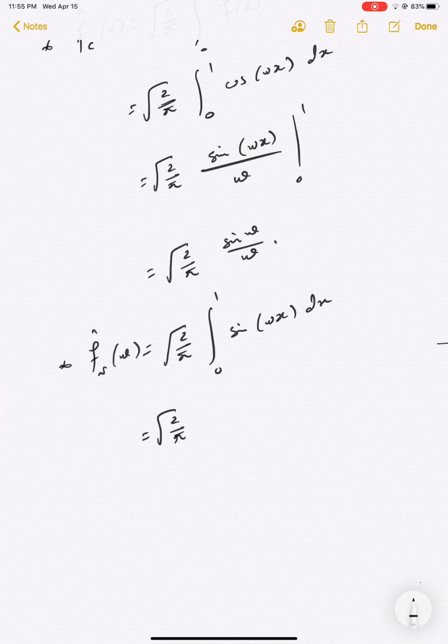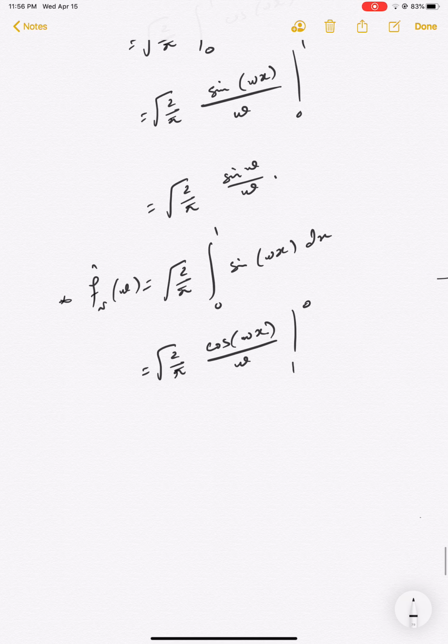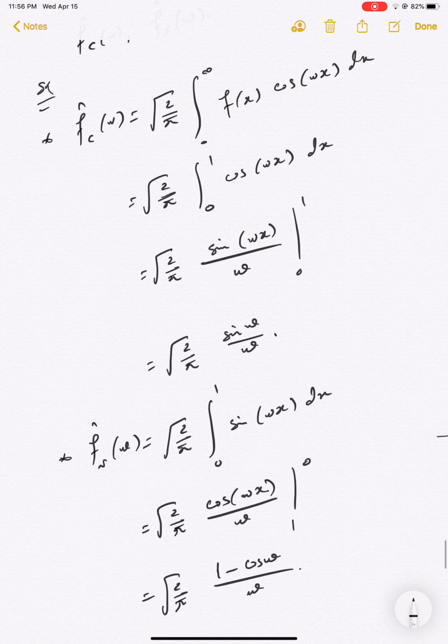It's negative cosine over w. Instead of writing the negative, I'm just going to flip the limits. And if you substitute now, what you have is 1 minus cosine omega over omega. So this is the Fourier sine transform. Okay.